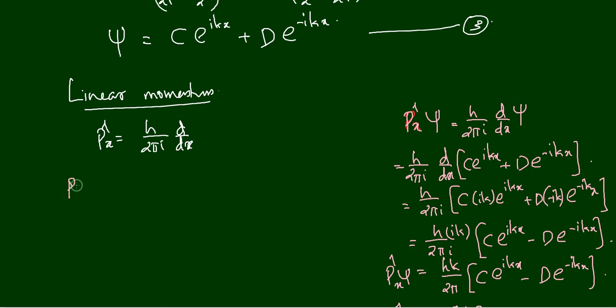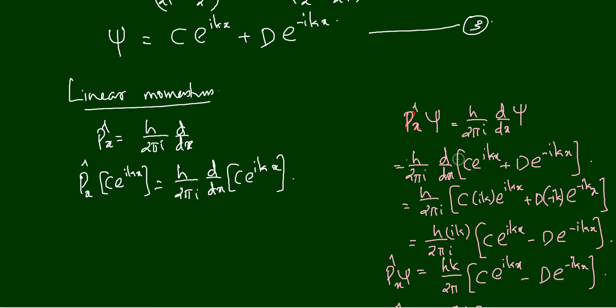Let me construct the eigenvalue equation: px cap c e raised to ikx is equal to h divided by 2 pi i d by dx of c e raised to ikx.